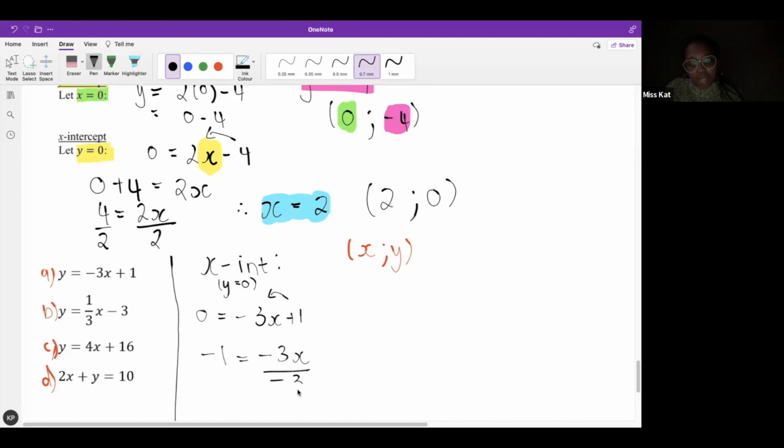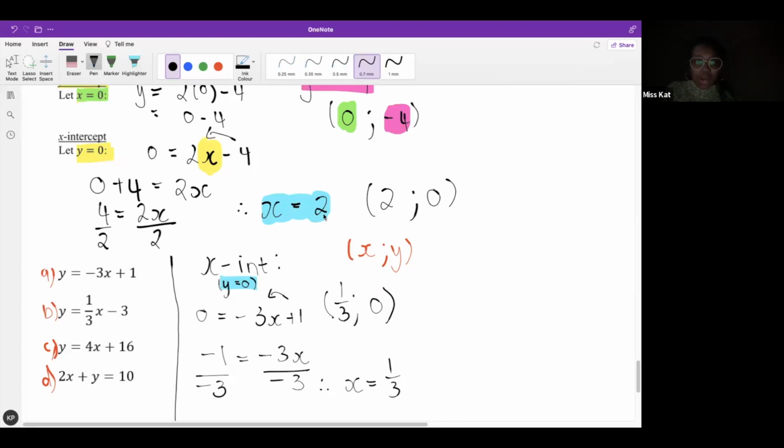Divide both sides by negative 3. Then I'm going to get x is 1 over 3. But we want coordinates. So then your y is 0. We have set it over here. So then your y coordinate has to be 0. And your x you just found is 1/3. I hope I didn't lose anyone.